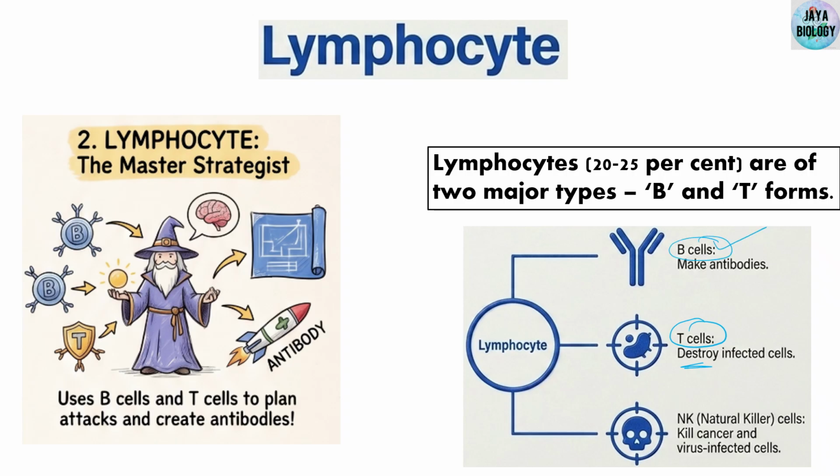So basically the master strategy person is the lymphocyte who has to develop strategy whether we should keep a memory, then they will make B cell active and B cell will make antibodies, and some cells will be changed as a memory cell, or they will directly destroy it. And a special type of lymphocyte, that is natural killer cell, which will kill cancer or virus infected cell. This is the second most abundant WBC, 20 to 25 percentage.